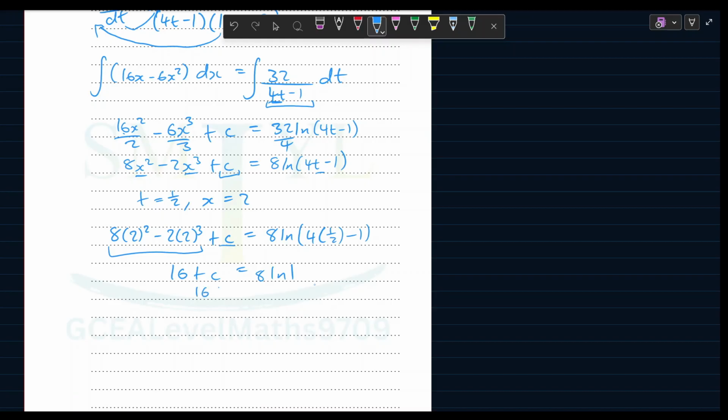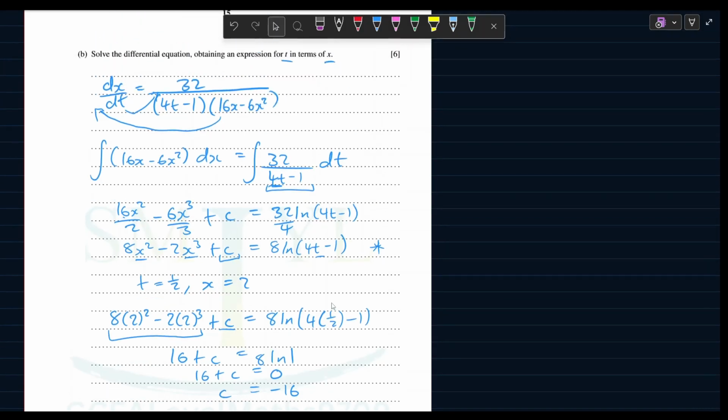So 16 plus c is, ln 1 is 0, so we get that c is negative 16. So as a result, our solution is going to be 8x squared minus 2x cubed plus c, which is minus 16, is equal to 8 ln (4t minus 1).